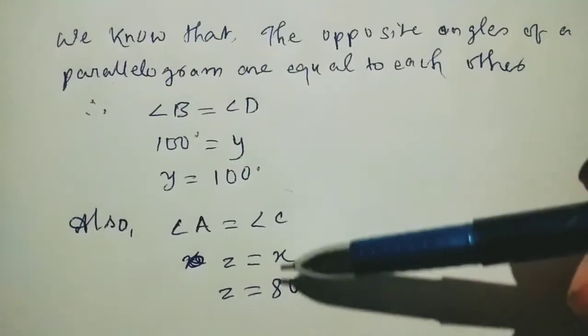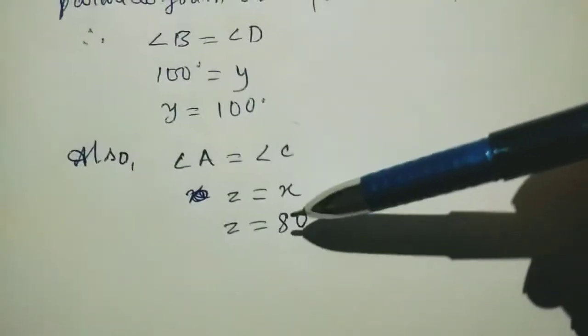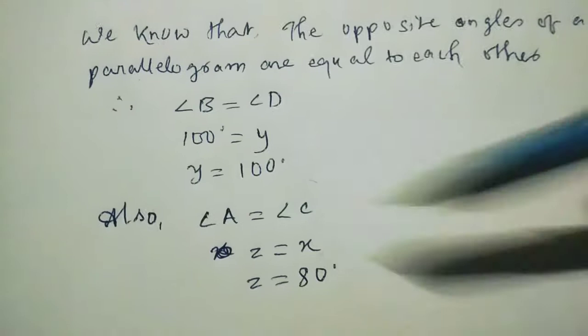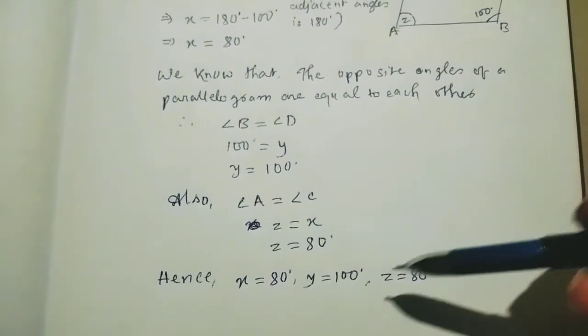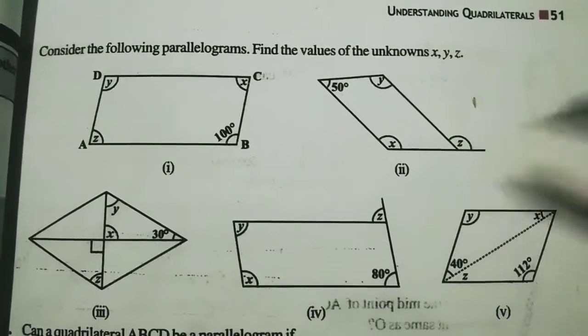Z, and angle C is what? X. So what is the value of X we got? 80 degree we got. So value of Z is 80 degree. In this way we have got all the angles: angle X, angle Y, angle Z. So at last you have to write like this. Hence X equal to 80, Y equal to 100, Z equal to 80. Understood?